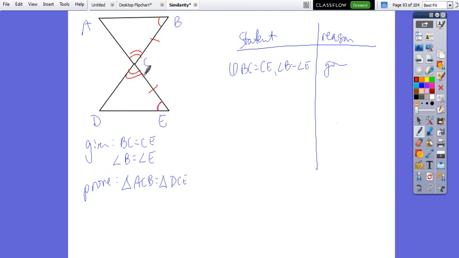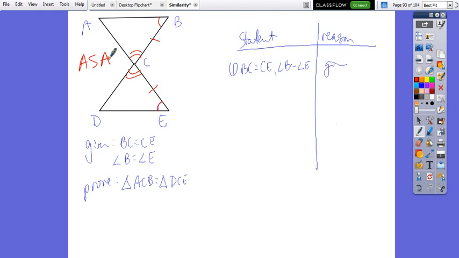So now what type of congruent triangles do we have? What is the rule that makes these congruent? Remember the four things: side angle side, side side side, angle side angle, angle angle side. Angle, side, angle. I'm going to write that down right here. So guess what? We just proved that these are congruent before we even wrote anything down.